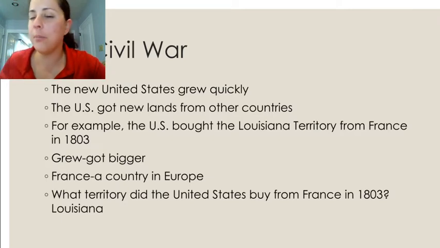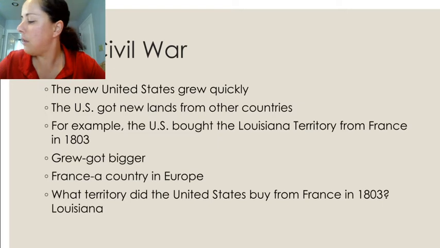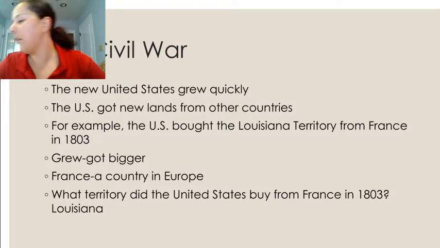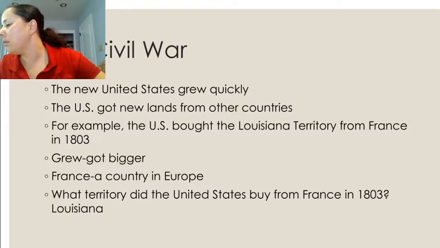If you look in your book on page 71, you can see other states the United States bought to make the U.S. bigger. There is Texas, there is Florida, there is Washington.